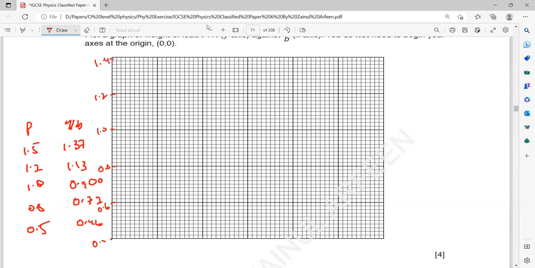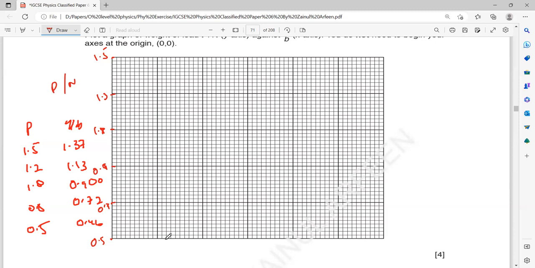So I should start with 0.5: 0.5, 0.7, 0.9, 1.1, 1.3 and 1.5.